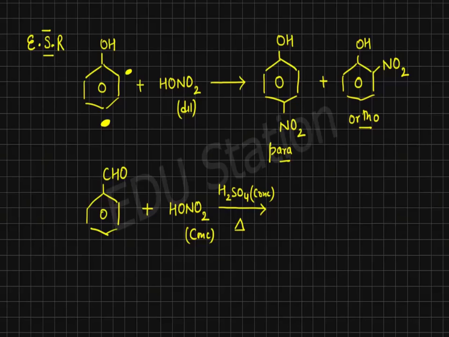Then ESR happens, nitration happens, and nitro comes at meta position. In this case, nitro is coming at meta, in this case it is coming at ortho and para.